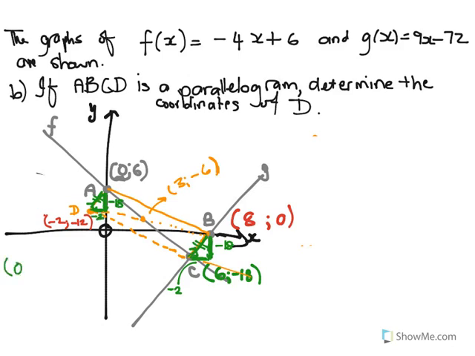So from (0, 6), if I need to drop 18 units, then I'm going to drop down to minus 12, right? That's going to change my y coordinate to 18 units less. And if I run backwards, that's going to change my x coordinate to negative 2, 2 less than 0. And that's exactly what we got the first time around. So that's another way that you could have approached the question.